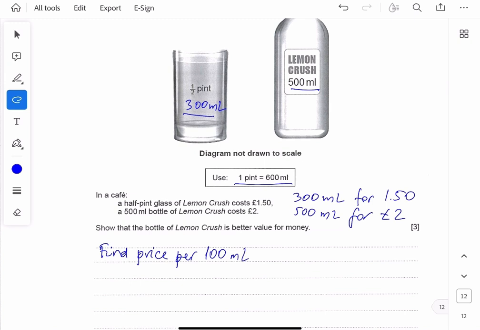So let's go per 100 ml, per the same capacity in this case, and we're going to divide the price and the amount by 3. That will give us 100 mils.